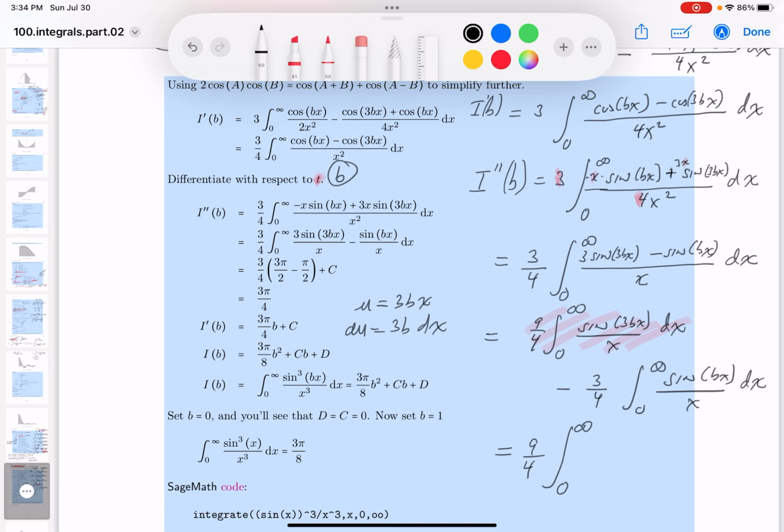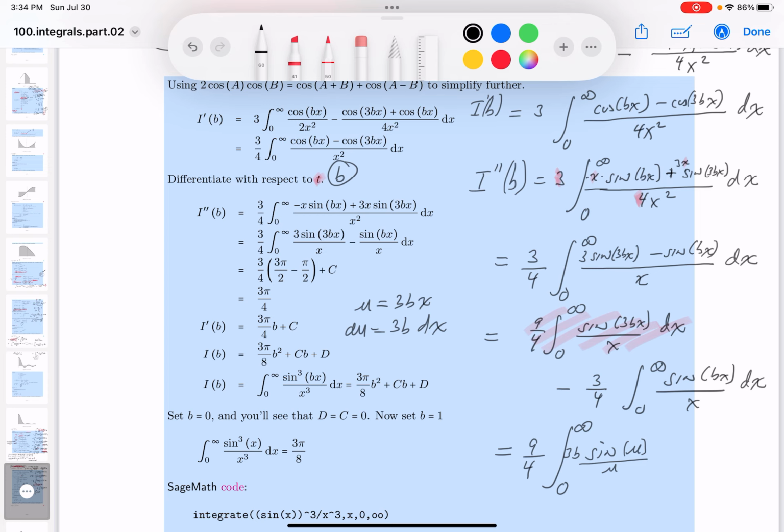You're going to get sine of u. I got to be careful here. What's x? It's going to be u over 3b. Now u over 3b, I'll put the 3b up here. All right, what's the dx equal to?